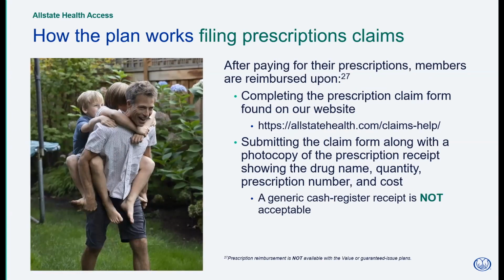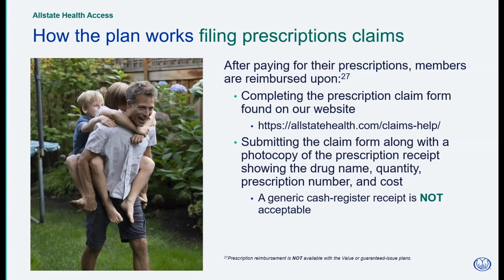Now, when it comes to filling prescription drugs for those with prescription drug benefits, the only thing they're going to want to do is go to the allstatehealth.com site. Under claims, they're going to get the prescription drug claim form. They're going to complete that.